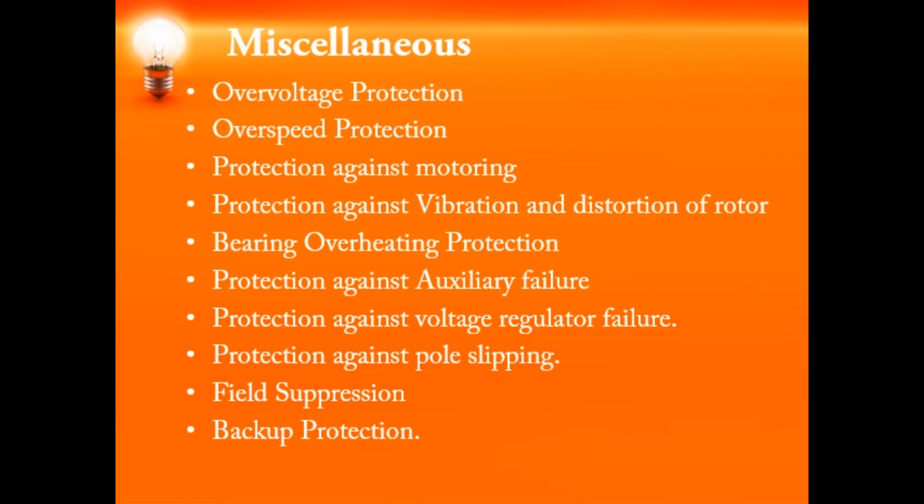In the miscellaneous protection, the first one is over voltage protection. As it states, whenever the voltage exceeds the preset value, it has to operate. This over voltage is usually caused by a defective voltage regulator, or by the sudden loss of electrical load on generators.